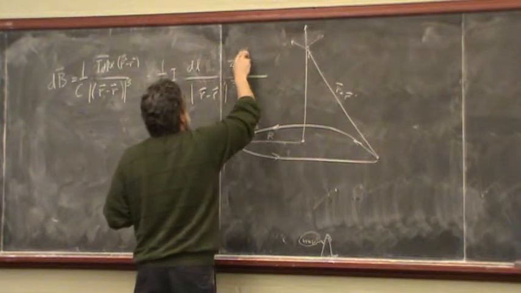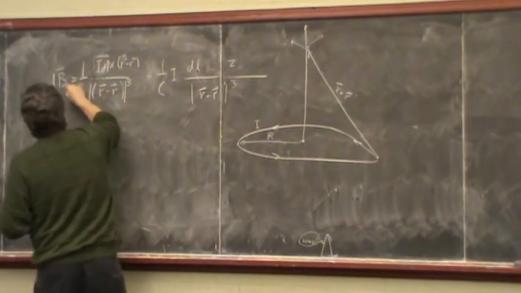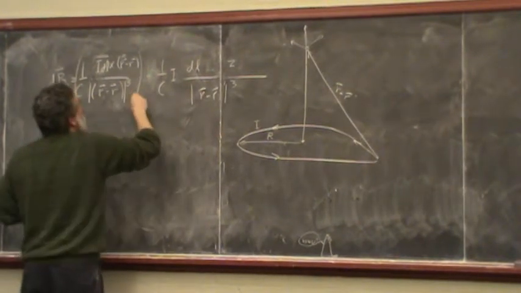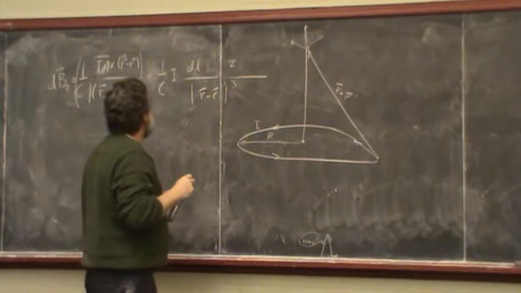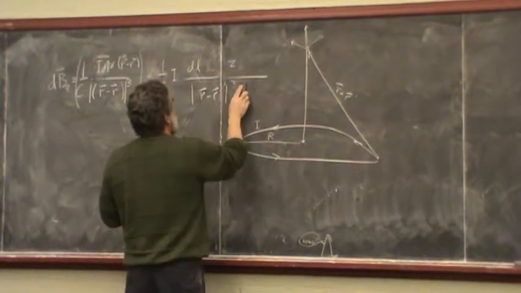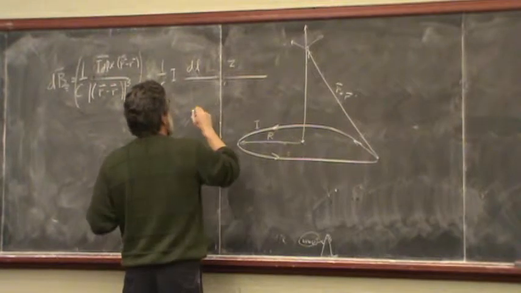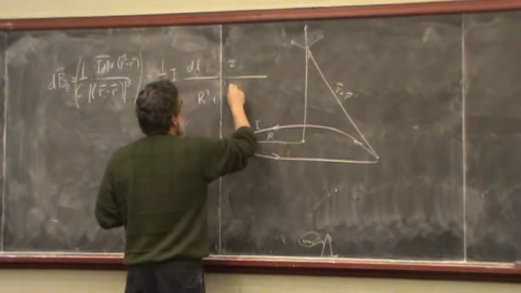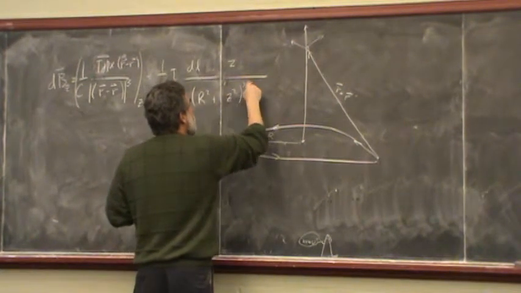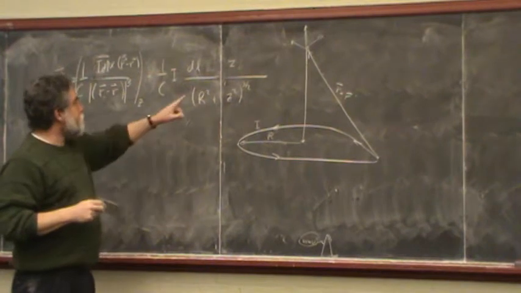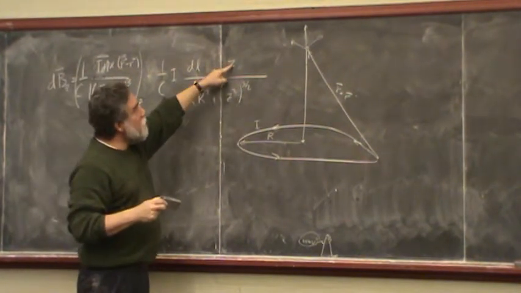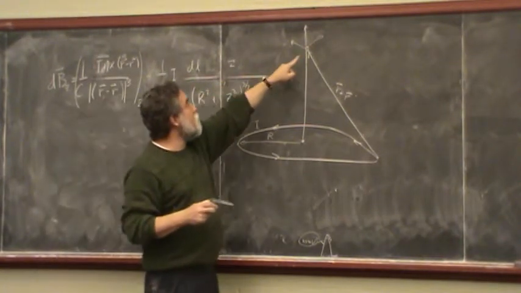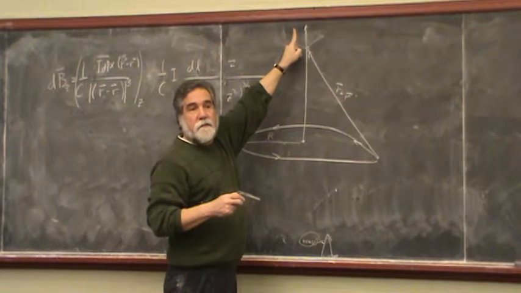Actually, that's been gone. And here I can just rewrite this as r squared plus z squared to the 3/2. One of my z's over r squared plus z squared to the 3/2 is the component along the z direction.